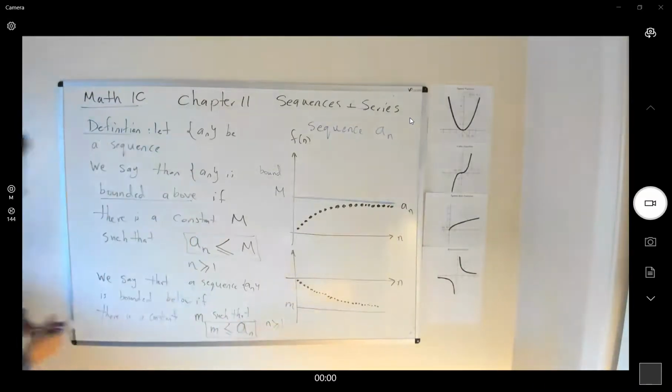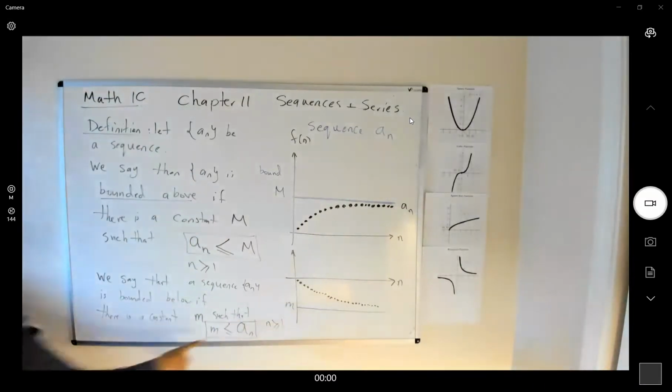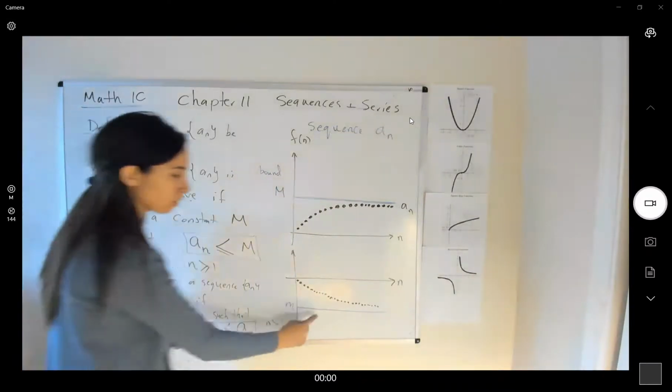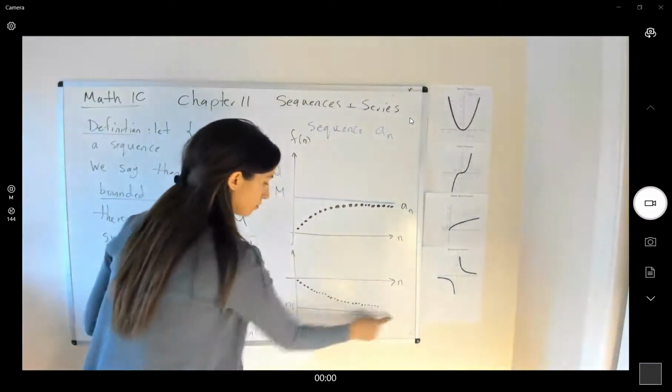All terms of the sequence are greater than or equal to a constant like M.